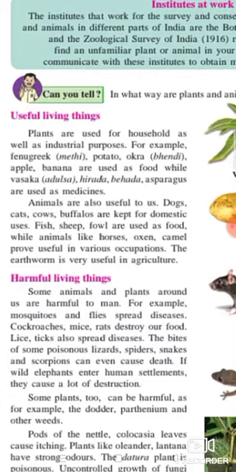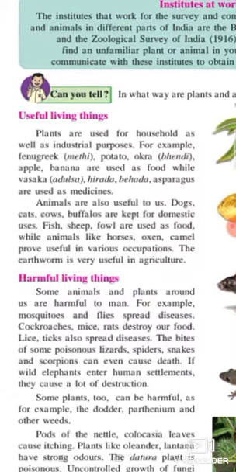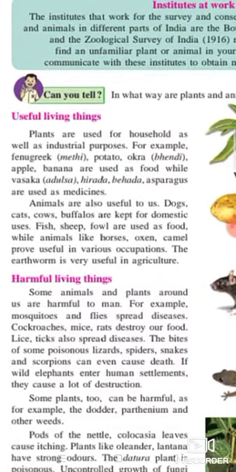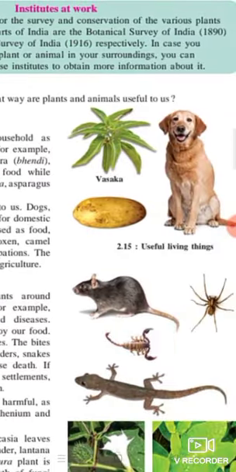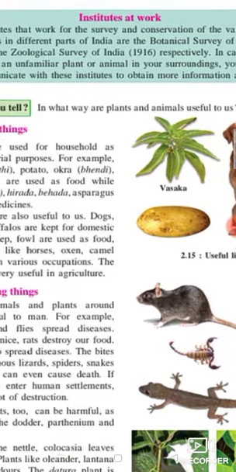Okra means what? Bhendi. We also say lady's finger. Apple, banana are used as food, while vasaka, hirda, beheda, asparagus are used as medicines. Okay, I would like to show here also vasaka.